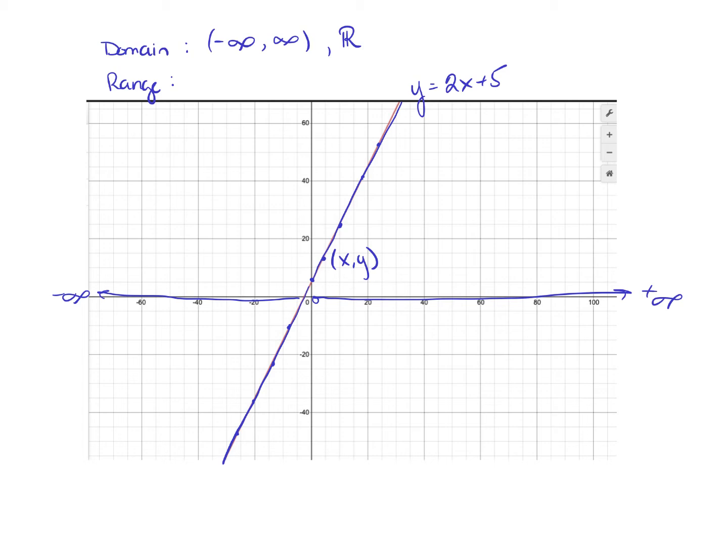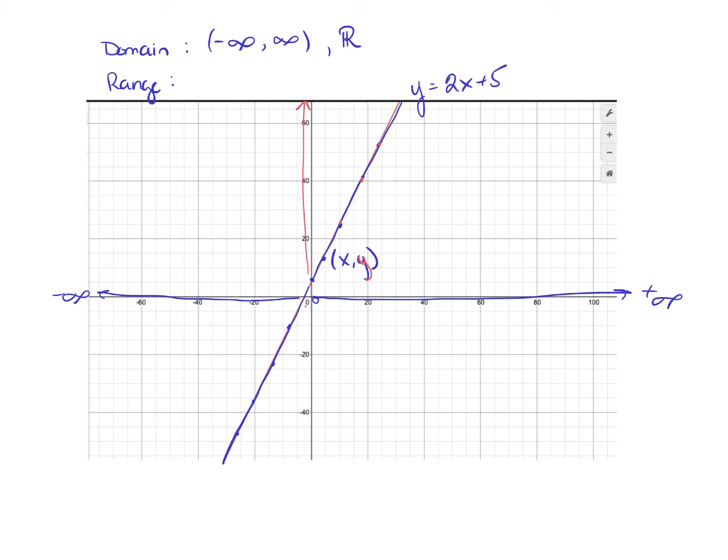And now the range is the set of all the y coordinates that make up this function. So I'll use red here. If we think about the y values, notice that the y coordinate of every single point on this line, as the line increases, we have y values that are 0 or greater.